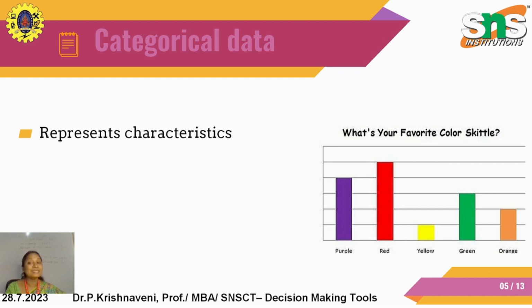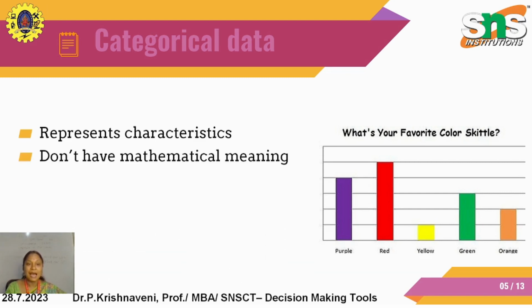It represents characteristics and doesn't have any mathematical meaning. Purple scores 5, yellow scores 4, we don't have any mathematical meaning for this. So categorical data represents the characteristics of the data and doesn't have any mathematical meaning.